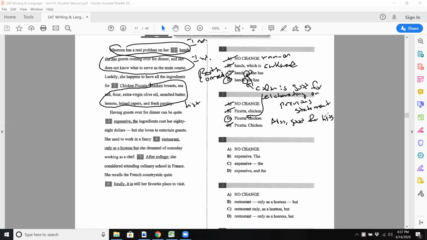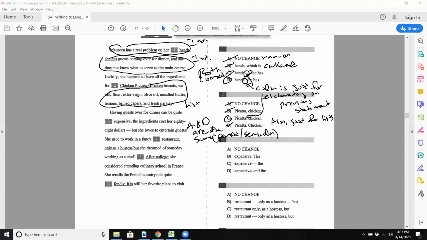And by the way, A and D are the same, period slash semicolon, because they serve the same purpose. You can't have two answers here, so they kind of knock each other out.